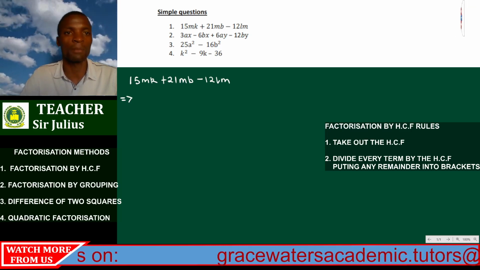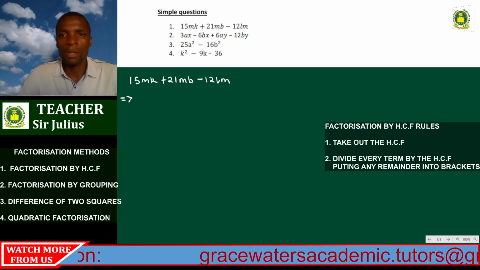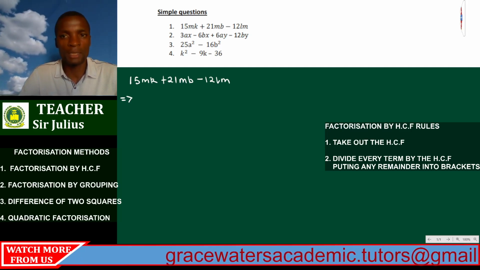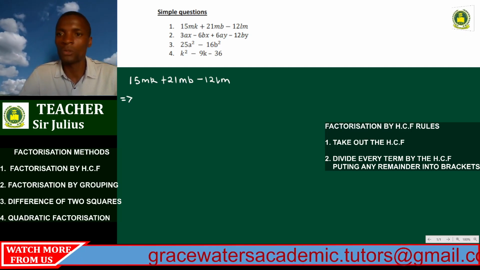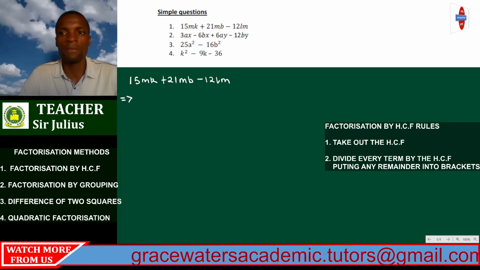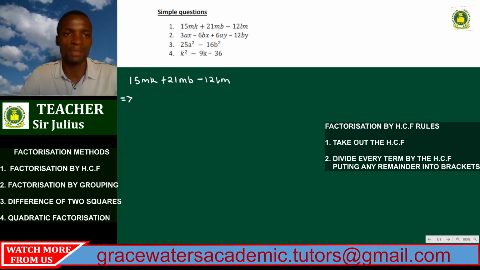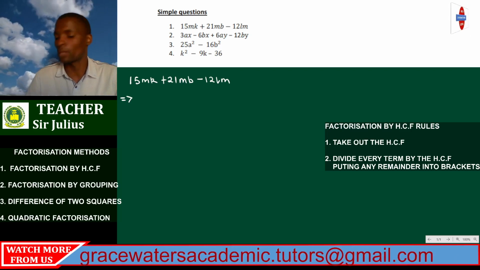Do not forget them. Rule number 1 is saying take out the HCF. Rule number 2 is saying divide every term by the HCF, putting any remainder into the brackets. You may not understand it. Let me now present it.